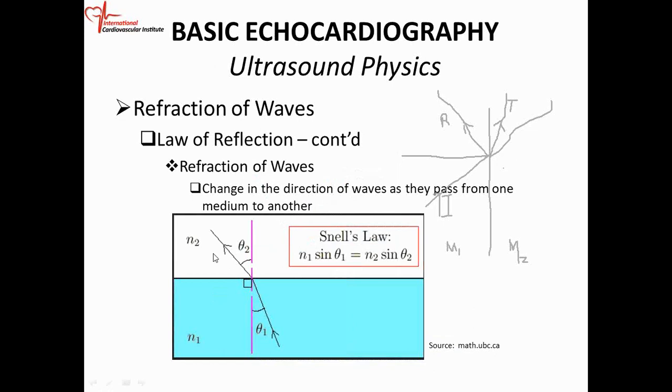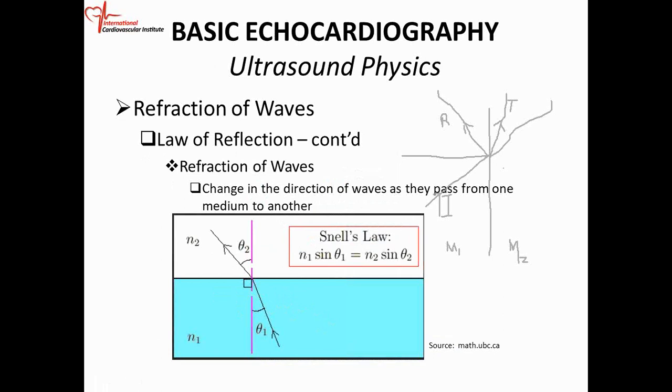So when a wave is refracted, it changes its direction as it passes from one medium to the next. The bending of the wave depends on the density of the medium into which it's now traveling.